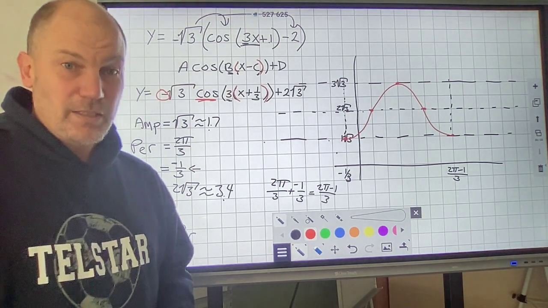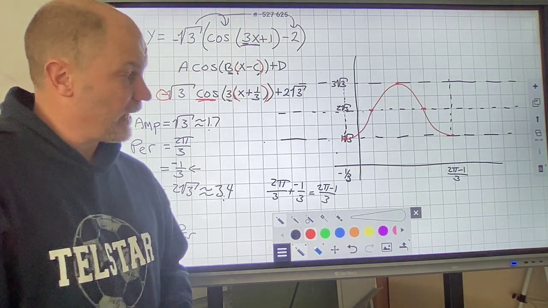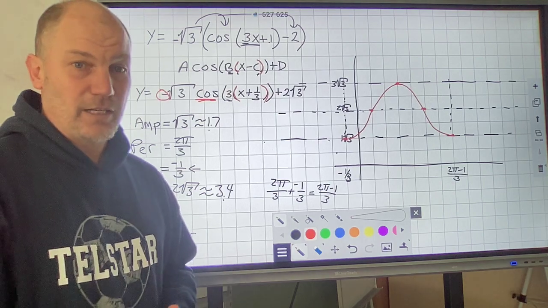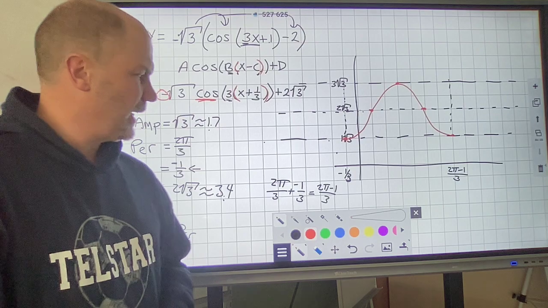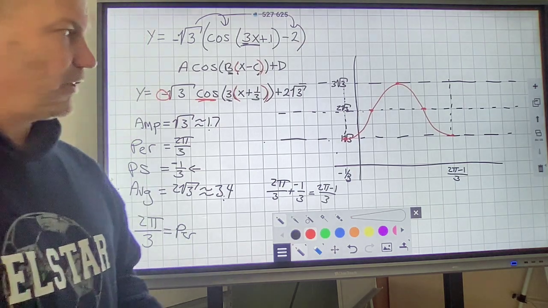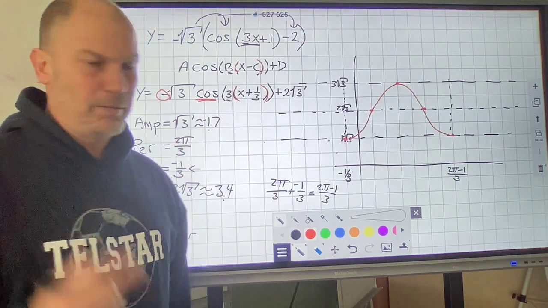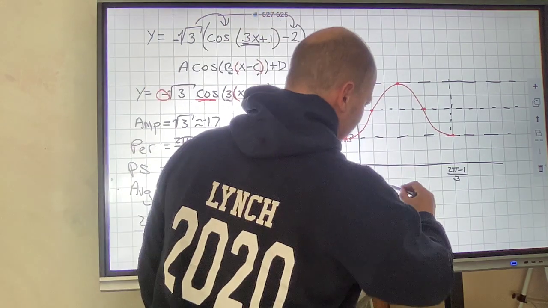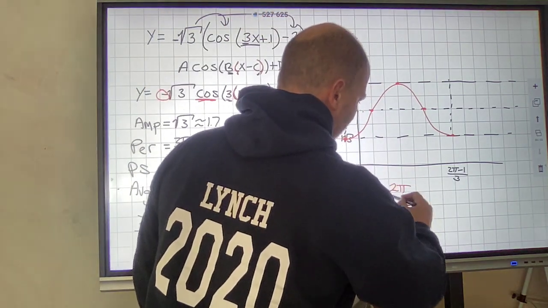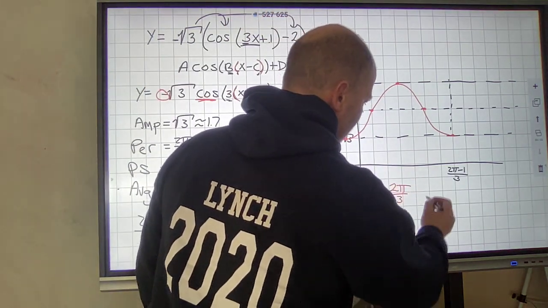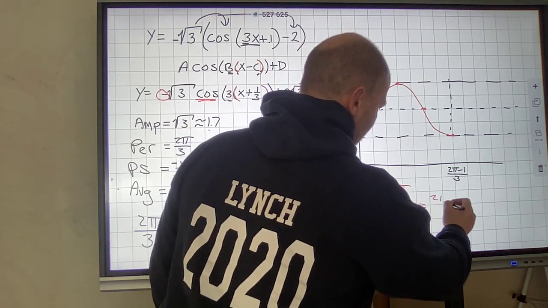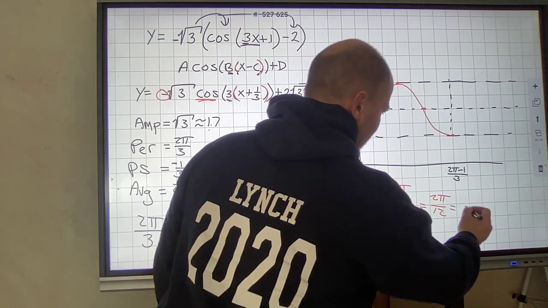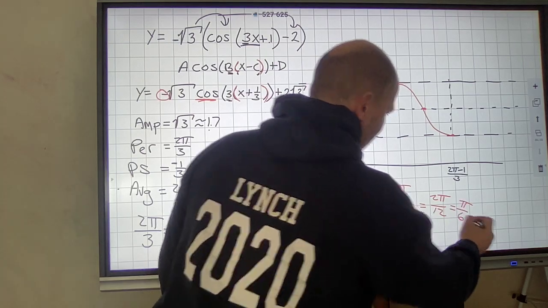If I really want to get fancy here, I can label all of these, the mins, maxes, and middles, because I know that there's always 4 of them in one period. So I can figure out that 2 pi over 3 divided by 4 is the same as 2 pi over 12, which is the same as pi over 6.